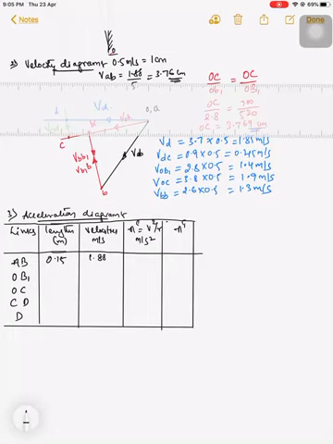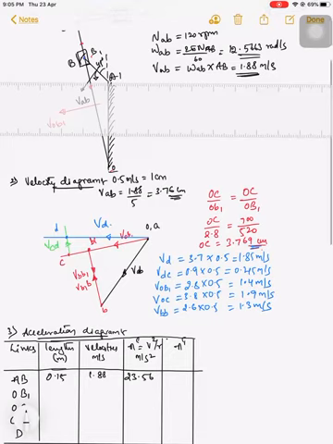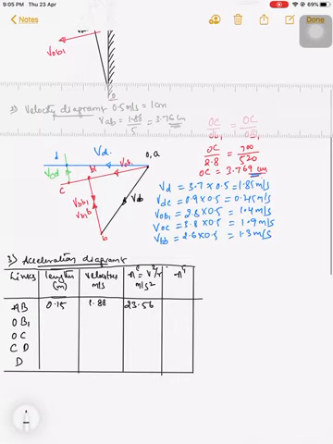So when I calculate this using the calculator, 1.88 square divided by 0.15, that is equal to 23.56. Now for this link, no angular acceleration is given, that is, alpha is not given. Therefore centripetal acceleration itself becomes the resultant acceleration.